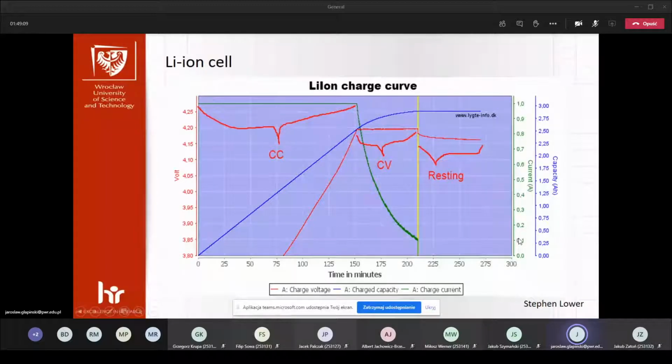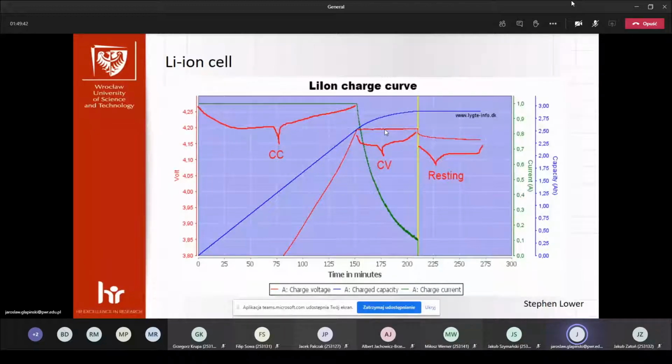Generally, when we reach 10% of the charging current, we stop the charging process. In this case, we will have 100% capacity of the accumulator. Okay, this is clear for you? Okay.